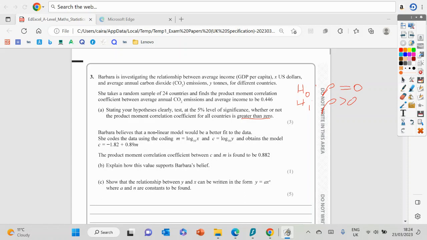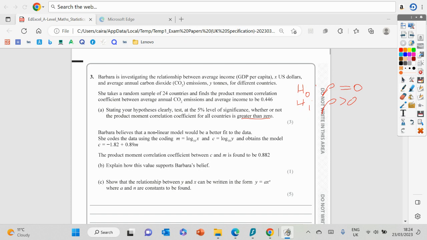The critical value, then, this is where your formula book comes in really handy. For me, it's right on the back, on page 20-something. I believe it starts on, let me have a look. Yeah, so it's 37, sorry. We're looking for page 37, people. Page 37. Now we're told n is 24.